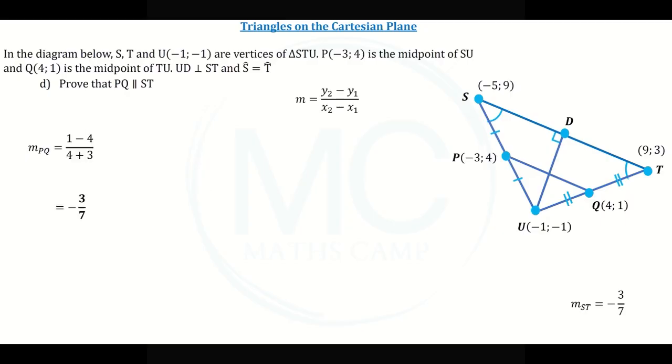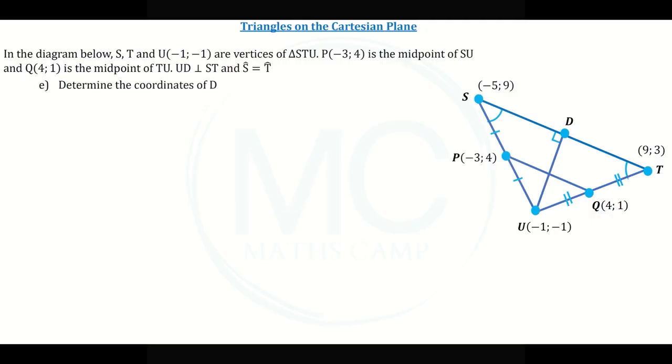These gradients are the same. So as our final answer, we can say the gradient of PQ is equal to the gradient of ST. So PQ is parallel to ST. And now we can move on to part E.